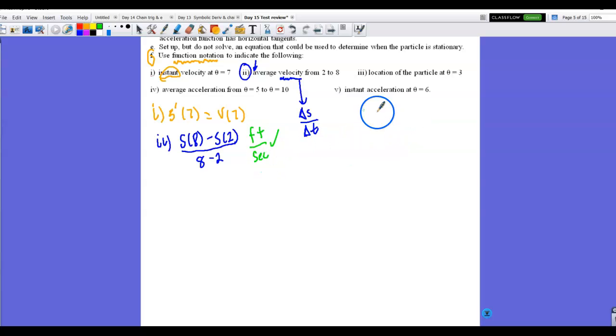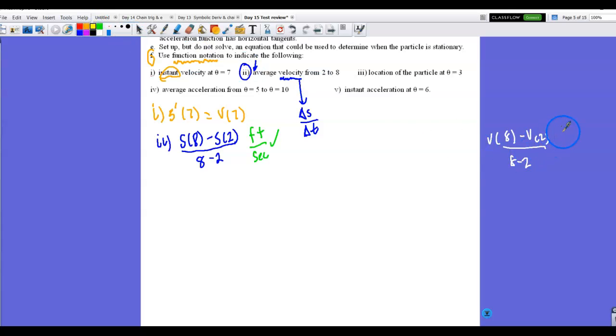The common error, so I'm going to do that way over here, and don't repeat it, don't even copy it down. The common error is to do v of 8 minus v of 2 over 8 minus 2. Now let's do a unit analysis there.